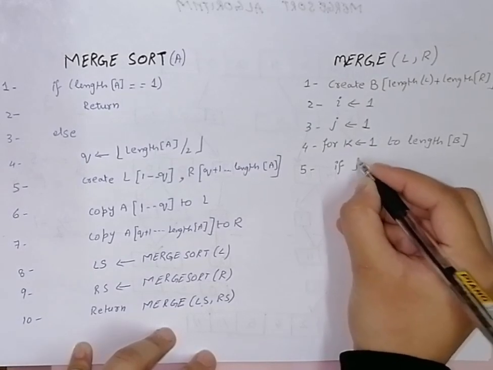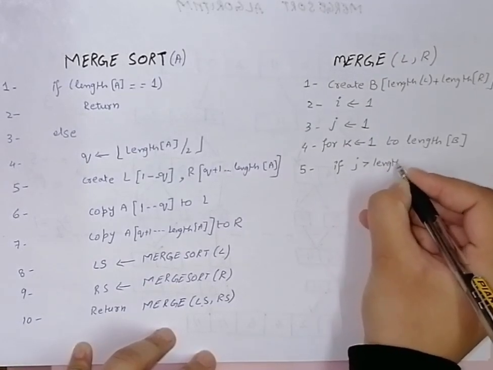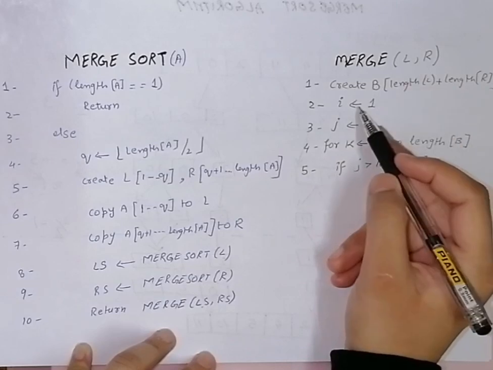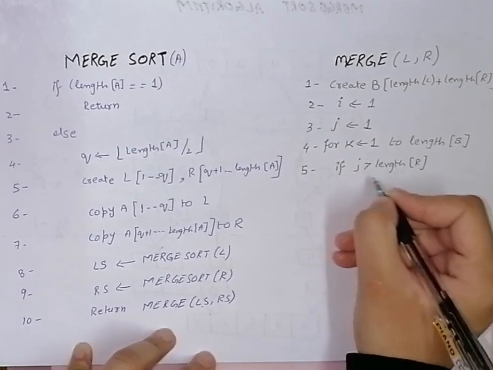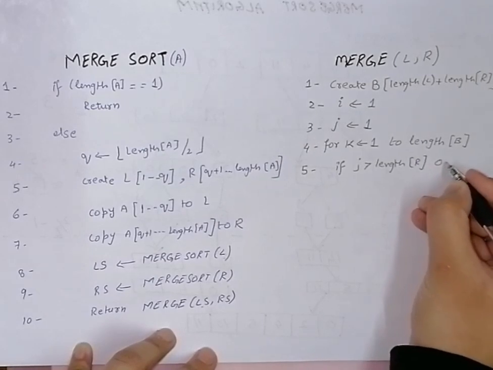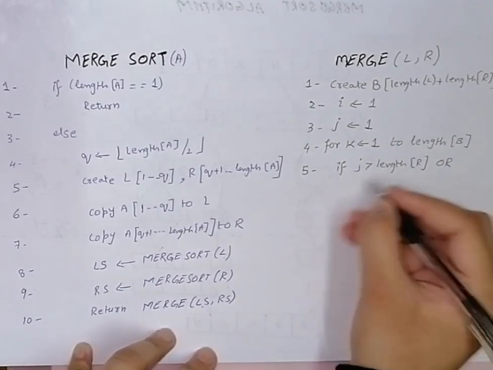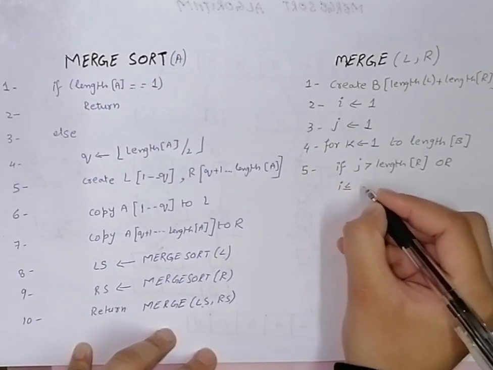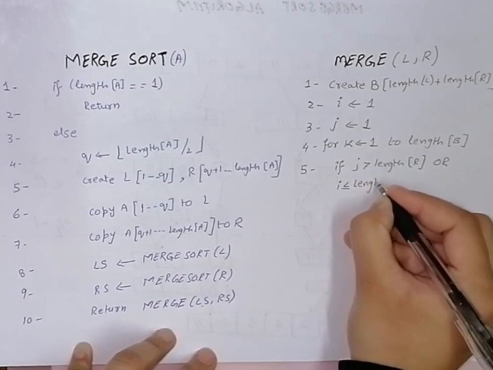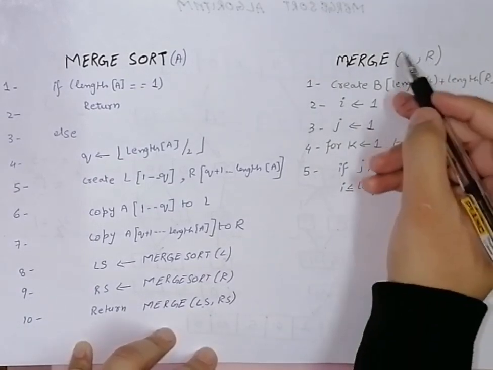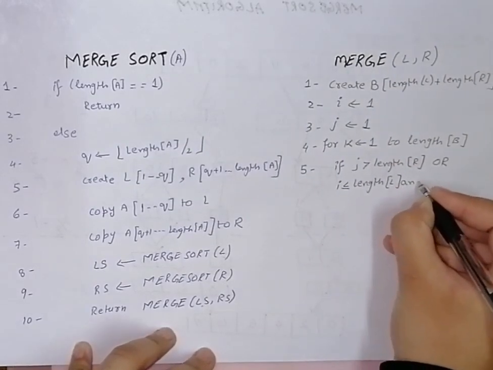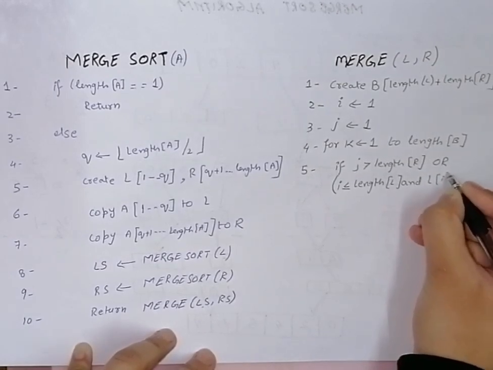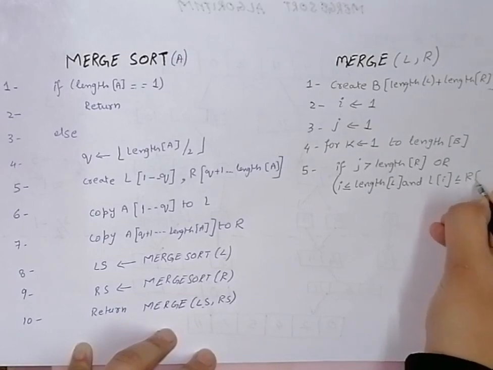The first one is if J is greater than length of R. I'm dedicating J to R and I to L. So if J is greater than length of R, or, the second condition would be, I is less than or equal to length of L, that is the given first array, and I'll put brackets over here, and the value L of I is less than or equal to R of J.